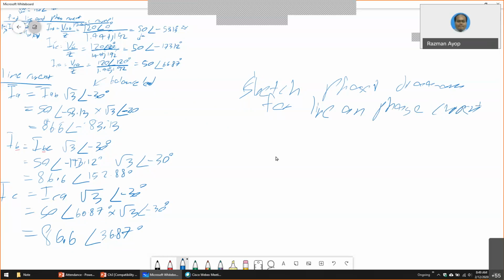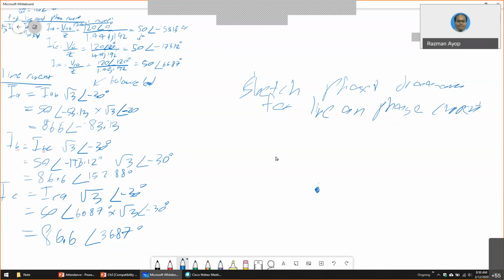If this happens, you have to draw everything. So make sure you draw all. Start with the line current first, or phase current, either way is the same.